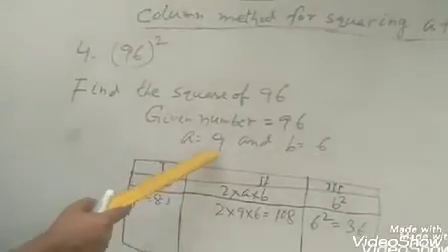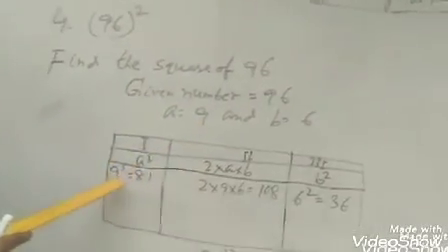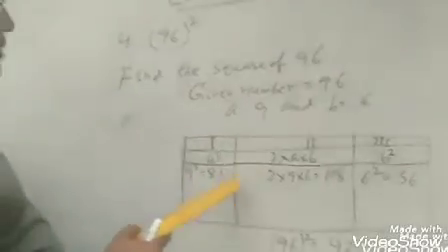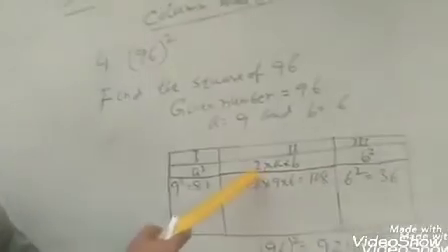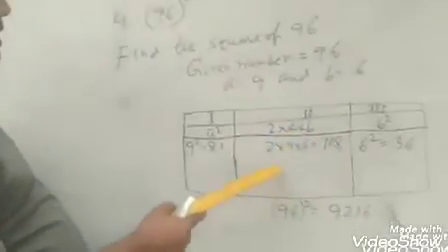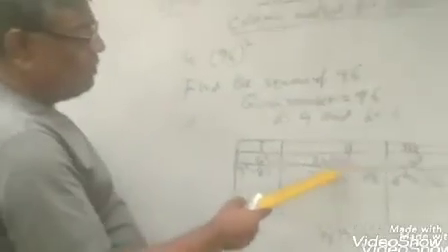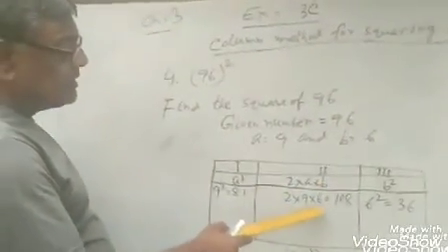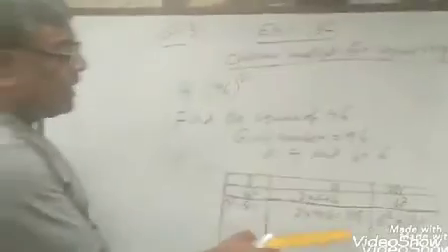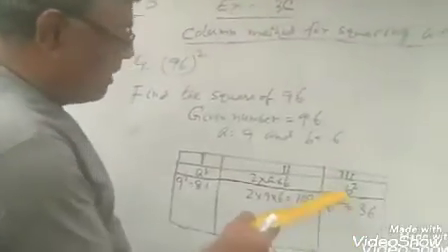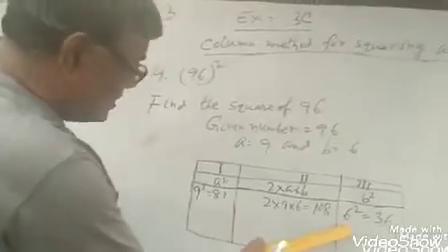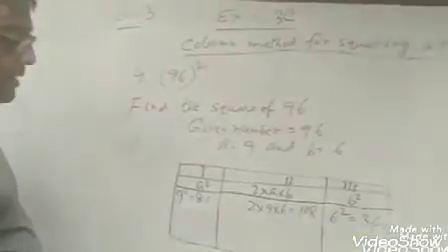Value of A equals 9, A square equals 9 square equals 81 in column 1. In column 2, value of 2 into A into B, 2 into 9 into 6, we get 108. And column 3, value of B square, 6 square equals 36.